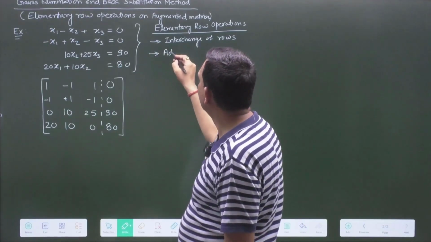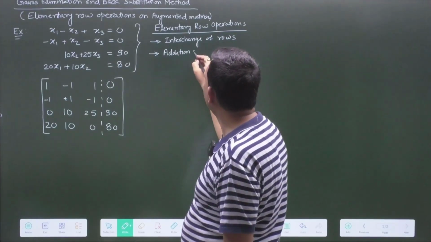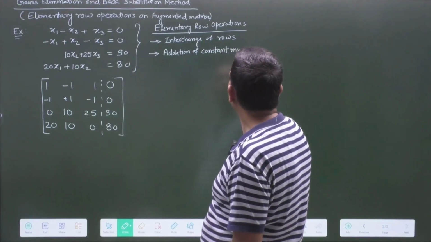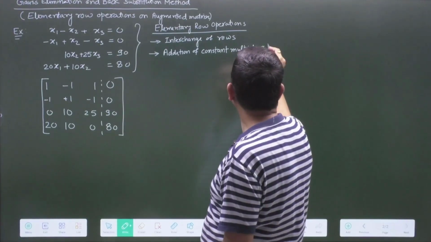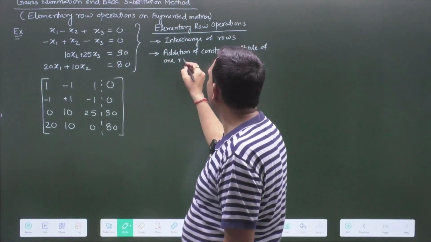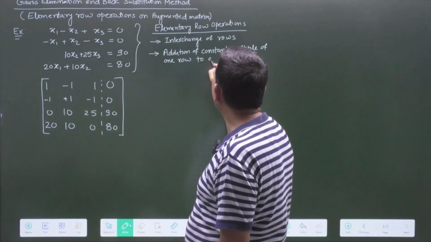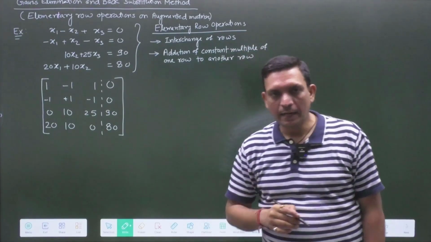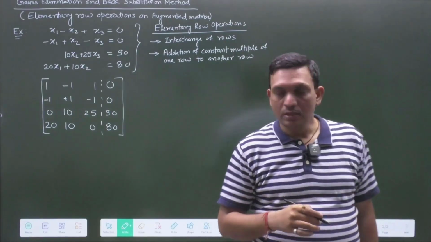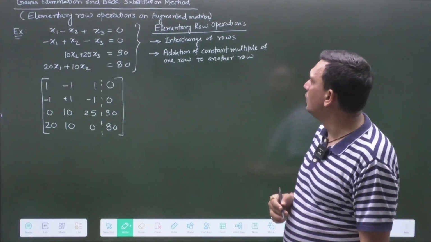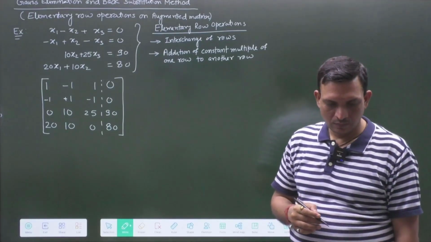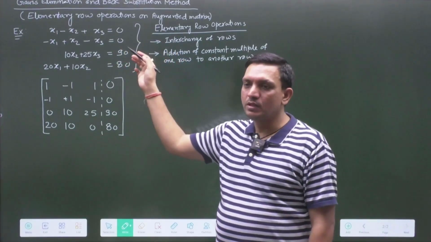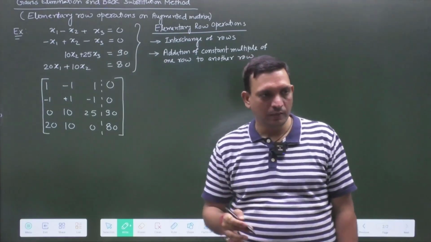Now we have addition of a constant multiple of one row to another row. It means you can multiply any row with some constant and then add it to another row; that will not change the solution.